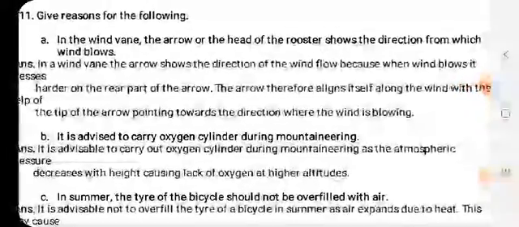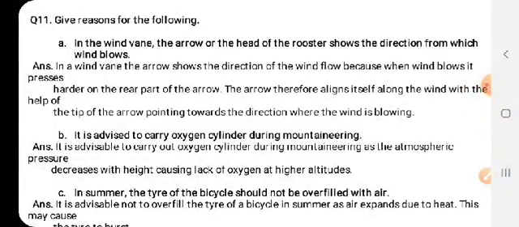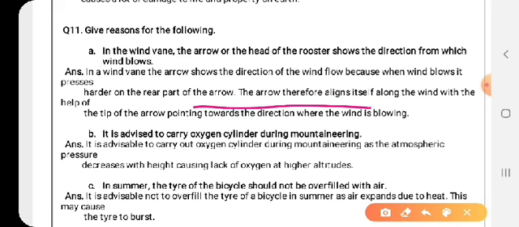Next is, give reason for the following. In the wind vane, why does the arrow head always point towards the direction in which wind is blowing? So the reason is that a wind vane has two parts, like this is the arrow part and this is the other part.